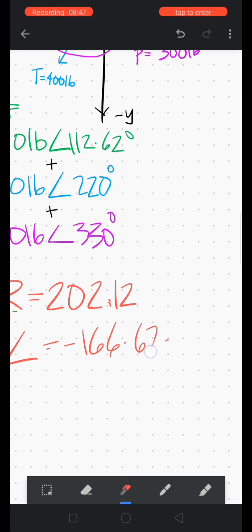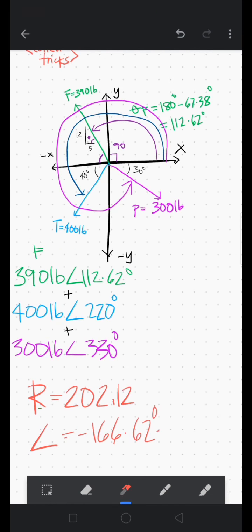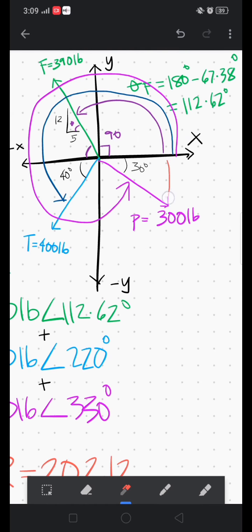Now, if the angle is negative, that means it's reversed, clockwise towards the resultant.